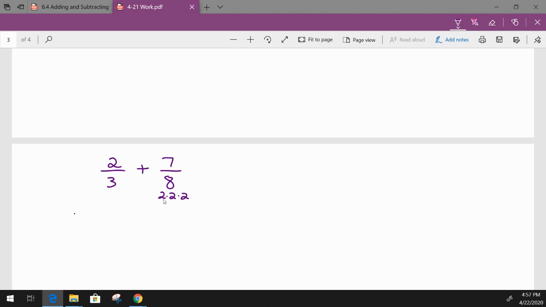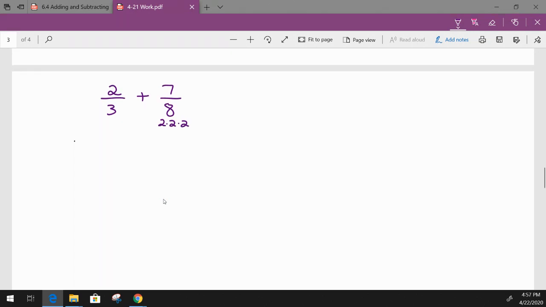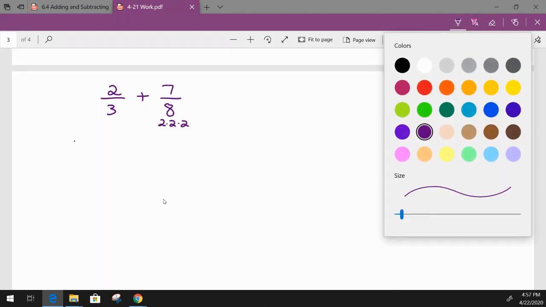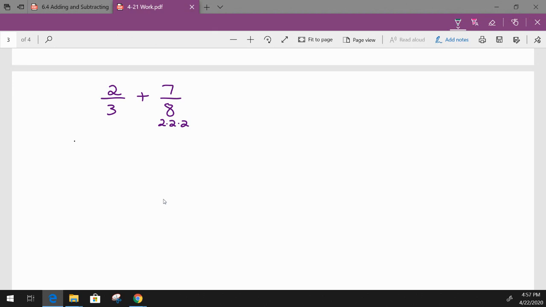So when that is true, that means that you're going to have to multiply the first fraction by the other denominator. So you're going to be basically multiplying by 8 over 8, which essentially is the value of 1. So you're multiplying 8 over 8 times 2 over 3.